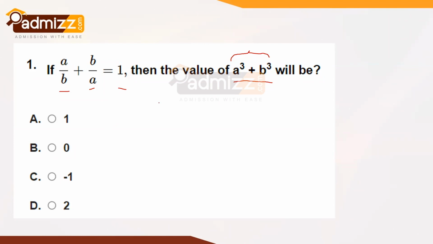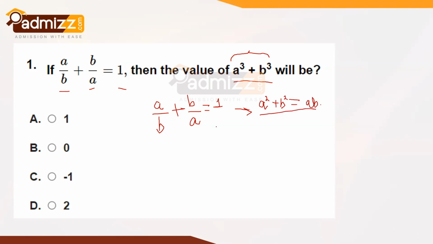We are given A over B plus B over A equals 1, right? Once we bring this equation into structure, we get A squared plus B squared equals AB, right? Does everyone understand how this came about?